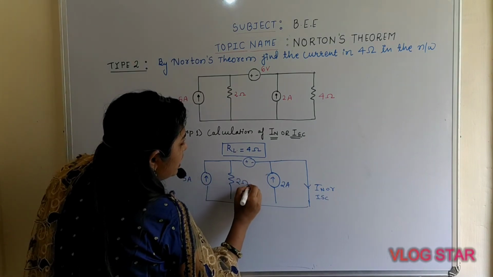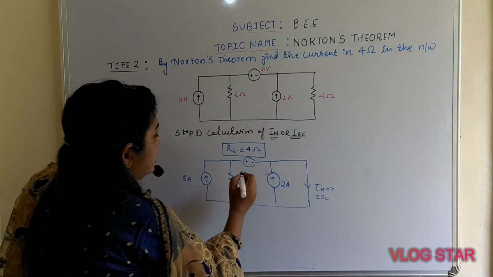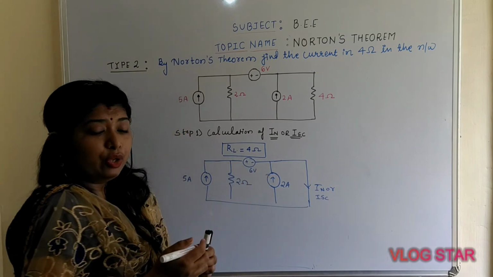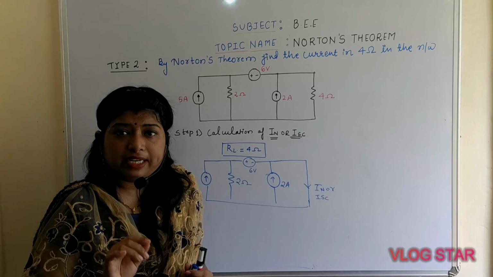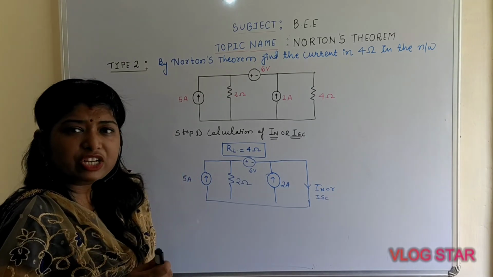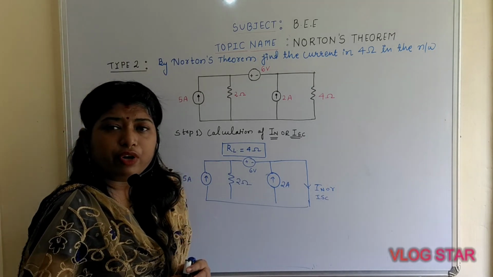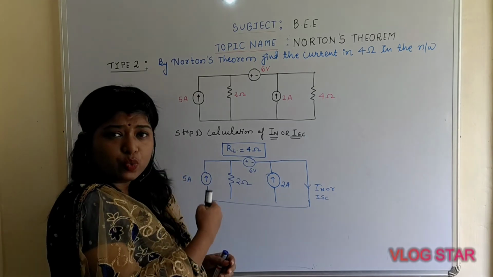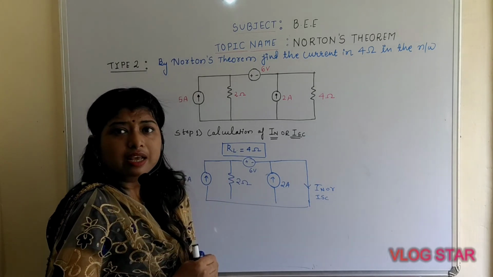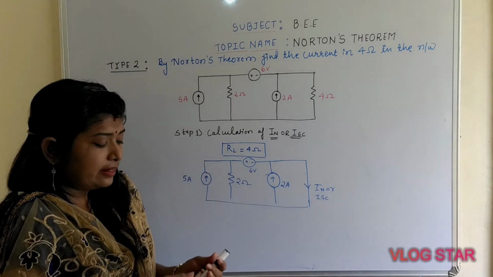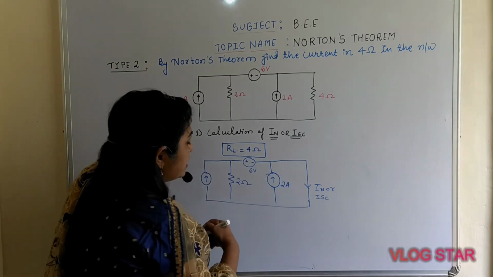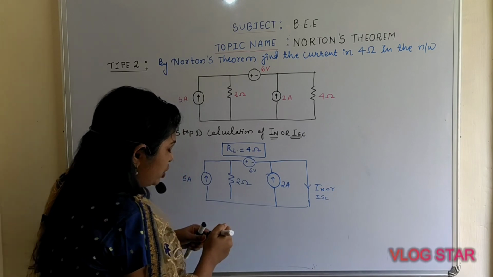What would be the next step to calculate IN or ISC? Yes, you have to use any one of the network simplification techniques. So let's apply mesh analysis to calculate the current flowing through mesh 1, mesh 2 and mesh 3. How many meshes are there? There are 3 meshes. So let's apply KVL in mesh 1.